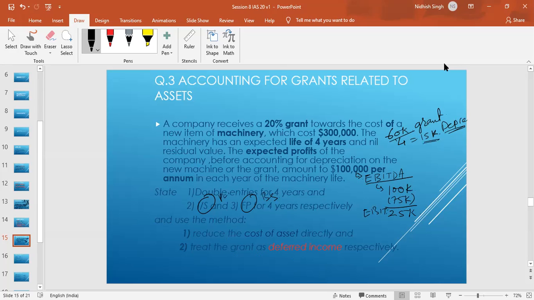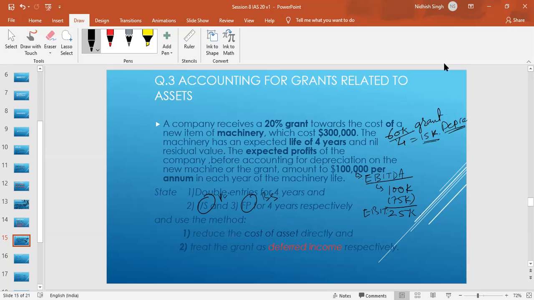This depreciation, shouldn't this be calculated on 2,40,000 after the 20% grant deduction? No, because the overall depreciation is taking place. We'll factor that grant in the next step.